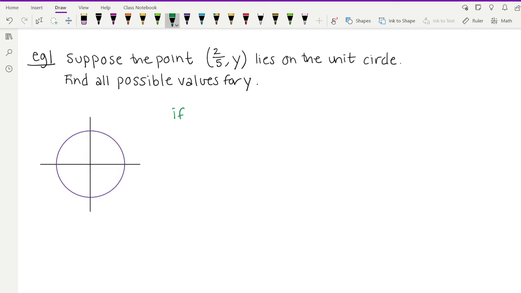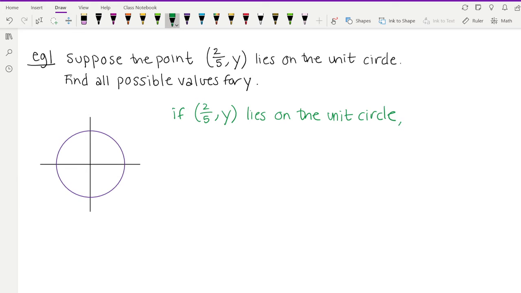So basically, let me say it this way, if the point 2/5, y lies on the unit circle, and by the way, I forgot to mention this throughout this video, but as always, feel free to pause the video and try these examples yourself. Especially after we did the other ones, maybe you can try this one yourself.